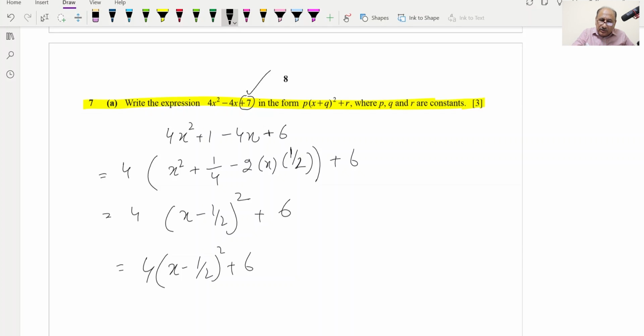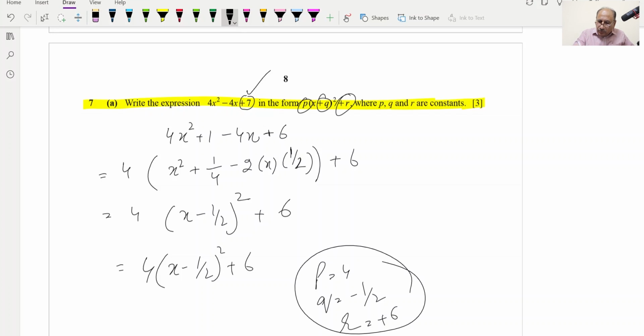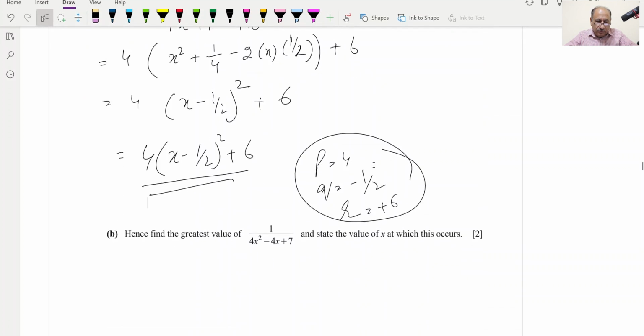We can write the p value as 4. So p value is 4, q value is inside, which is -2, so q value is -1/2, and r value is +6, so r is equal to +6. These are the values which we're supposed to find, and this is basically the format which we were looking for. This is done, 3 marks question.